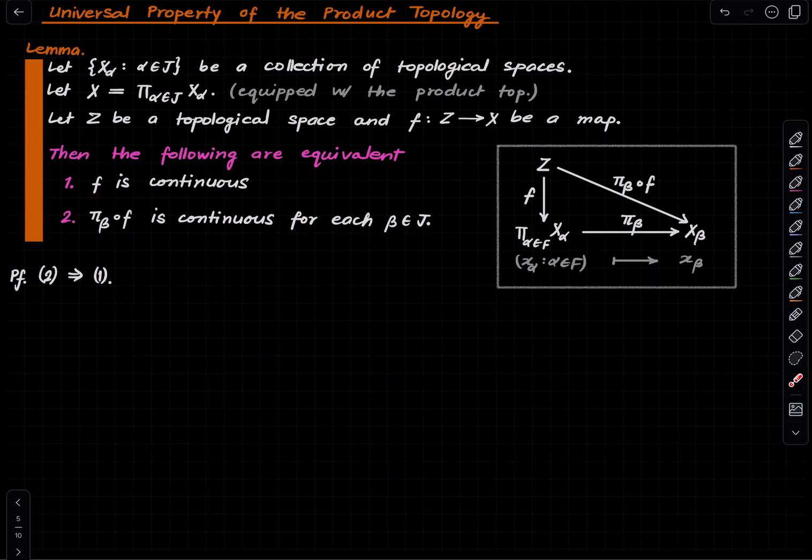So to show f is continuous, you pick something in the basis or maybe even in the sub-basis. So let beta in J be fixed.